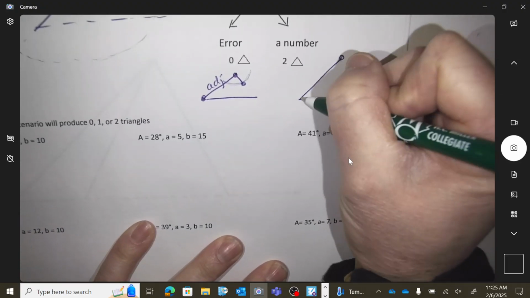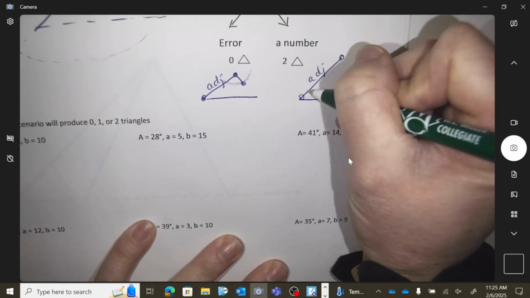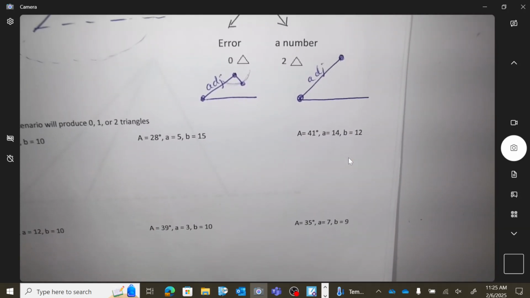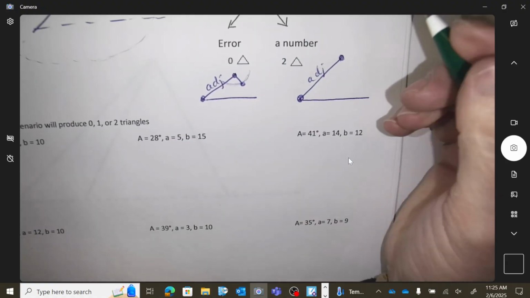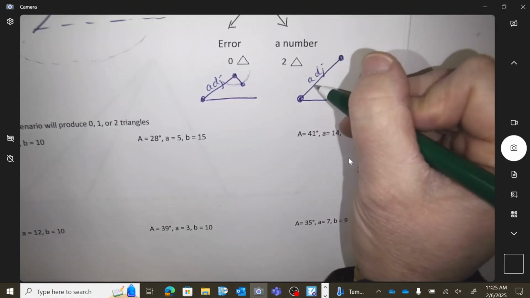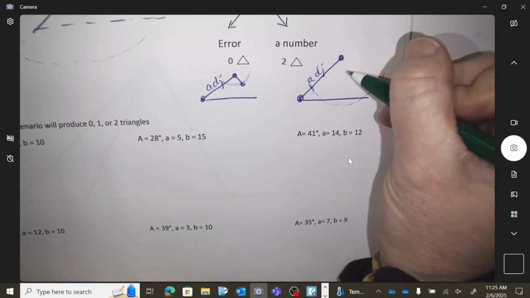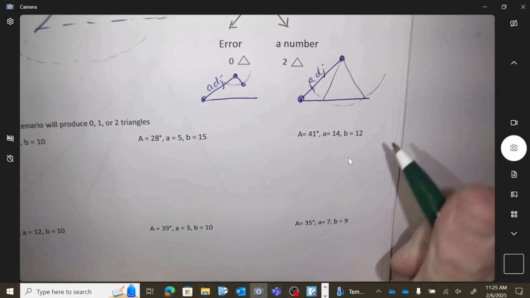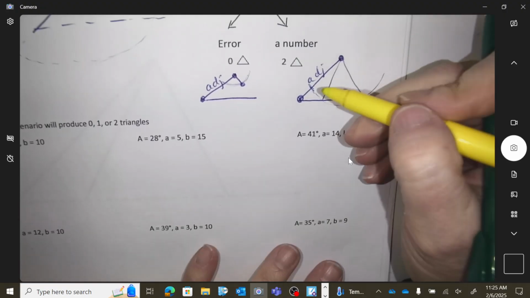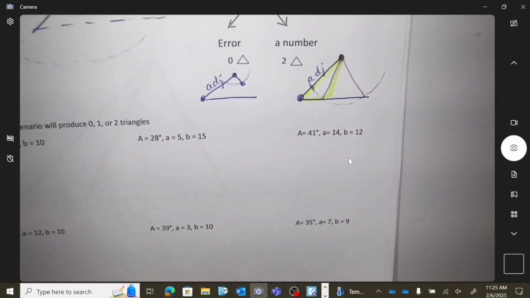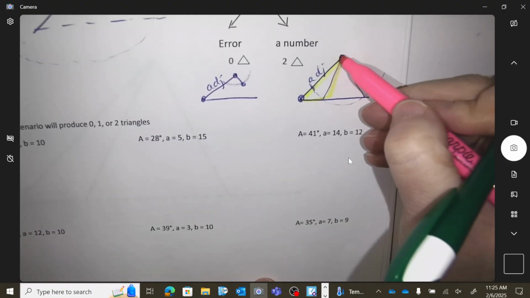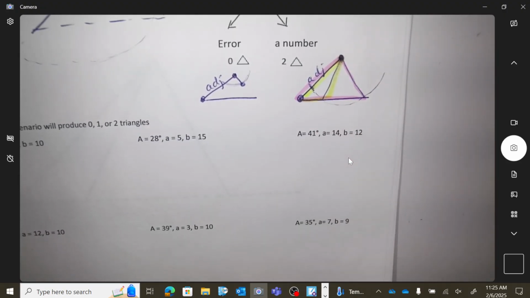Ground, adjacent. So this time if I make my line shorter like this and I move it around, it could make a triangle that version, or it could have made a triangle that version. 2 options.